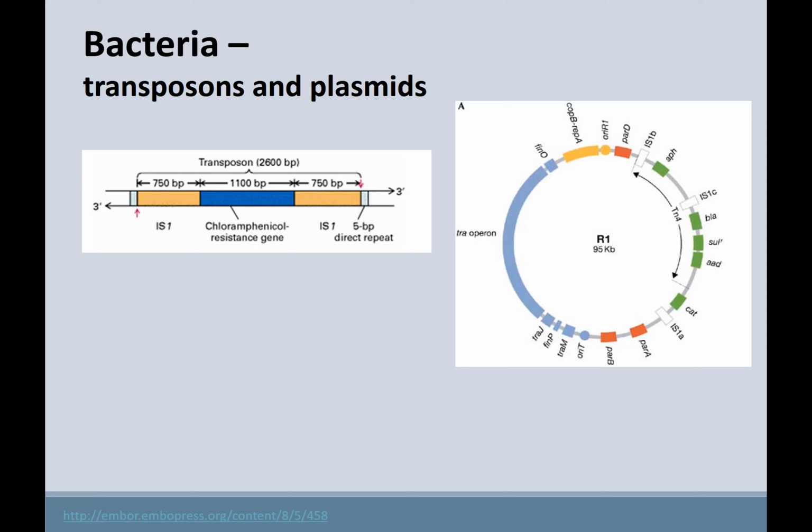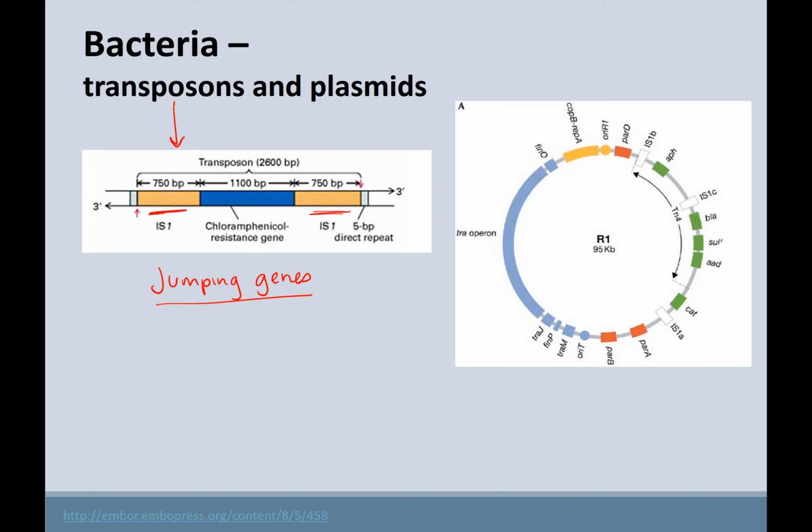Other features of bacteria that can change the genetic makeup are transposons. These are also called jumping genes. So they have sequences around them that can actually cut themselves out and put themselves into new DNA locations. So they might move to a different site in the chromosome, or they might move to a new plasmid.